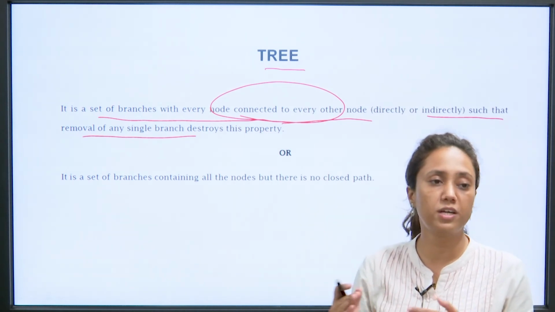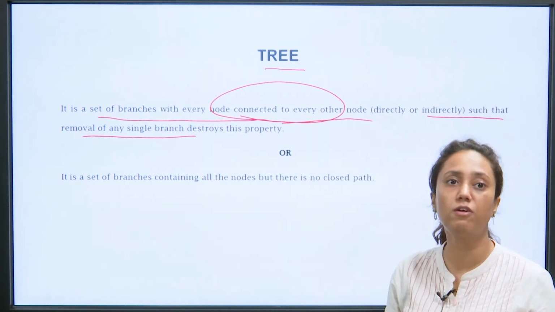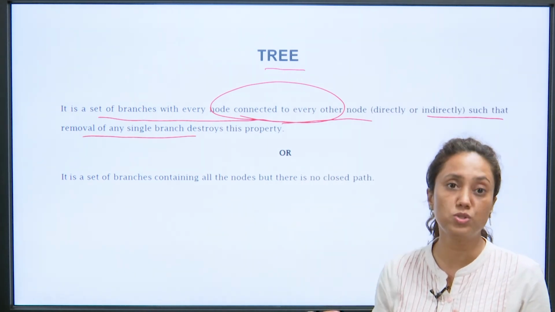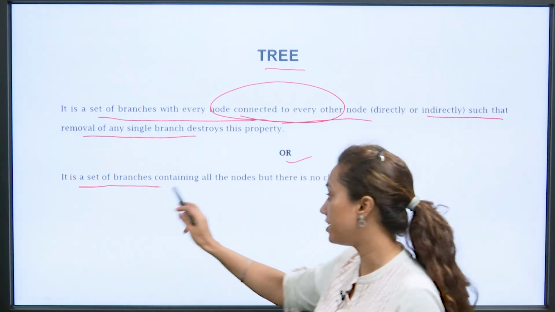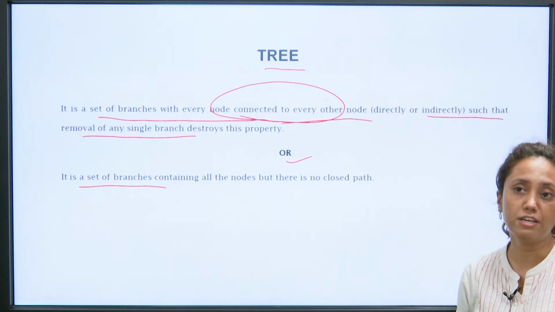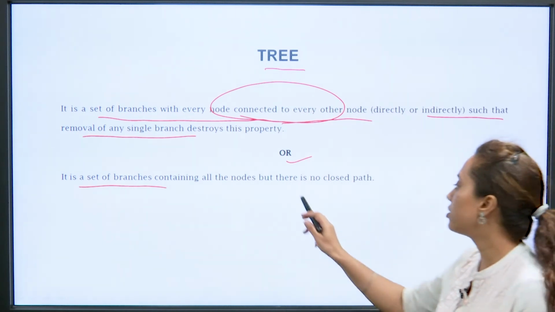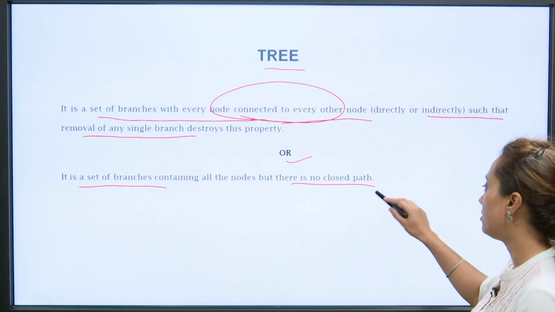If any single branch is removed, the connection property between the nodes will be destroyed. In simple words, it is a set of branches containing all the nodes. If there are 4 nodes in a graph, then all the nodes should be there, but there is no closed path between the set of branches. So, we can say it is a tree.